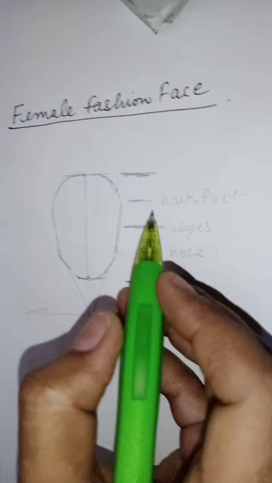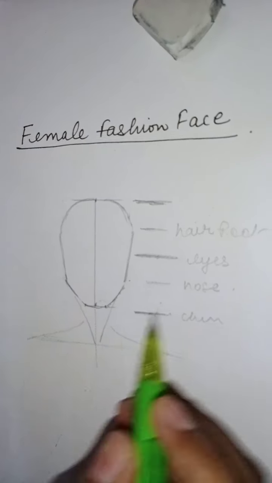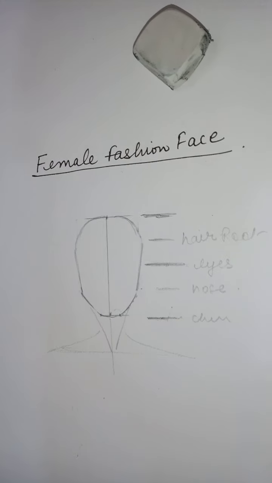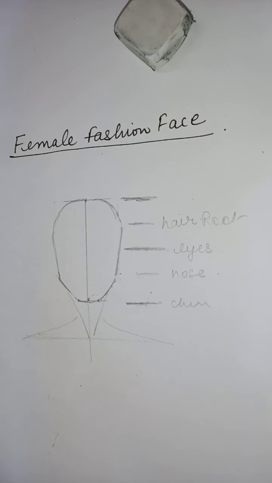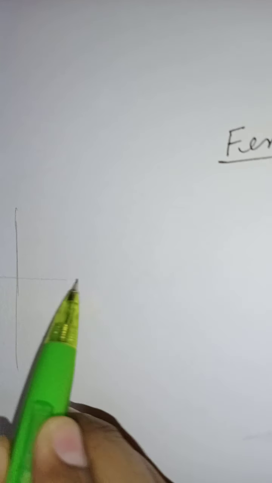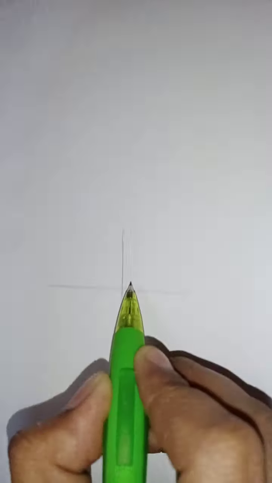Now I will start to draw eyes. For making eyes, you see how will I make the eyes. Suppose this is my eye line. So I have to draw my eyes like this.